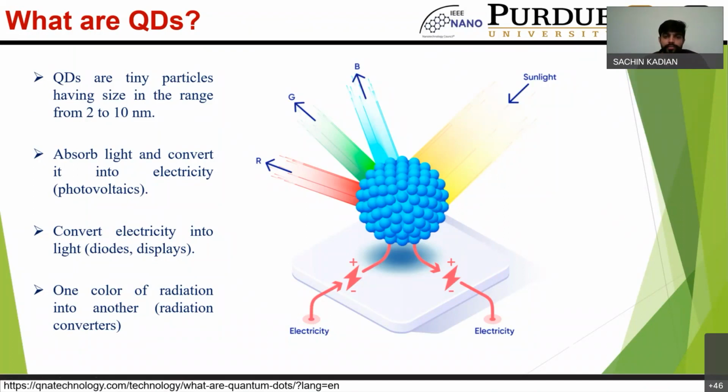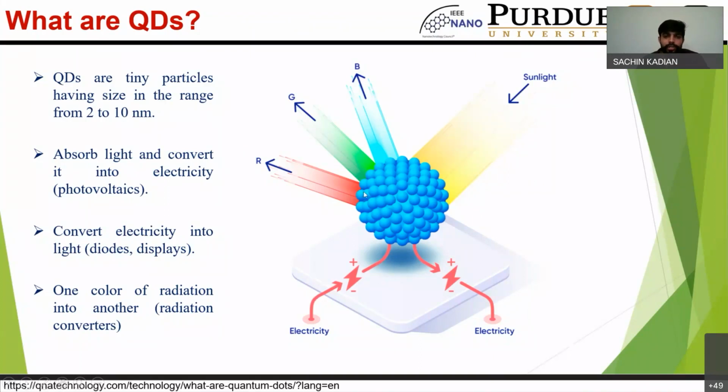If we have any screen, like if I'm giving a presentation, then it is also a part of these things. They can also convert the color of radiation into another, so they can be known as radiation converters. The interesting thing is how they do so, how they can convert light into different colors or into electricity or LED.